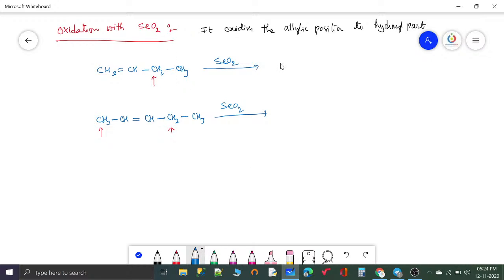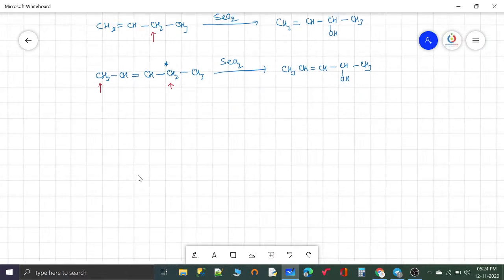If two are there, then the more substituted allylic position will be oxidized. So here we get the molecule CH3, CH double bond CH, CHOH and CH3. You take any type of molecule, the concept will be the same. So you will get the OH group.